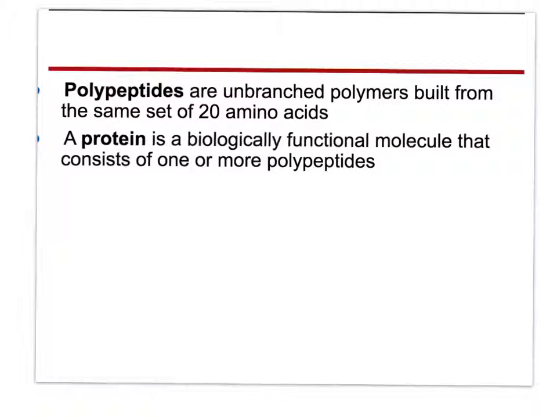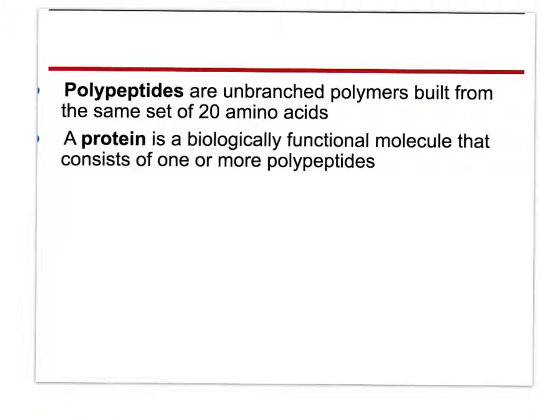So the macromolecule protein is a string of amino acid subunits that are linked together through dehydration synthesis. And as you add amino acids, you produce peptide bonds between them, and now you have a string of amino acids, which they call a polypeptide.